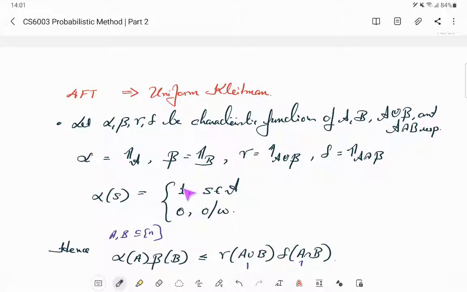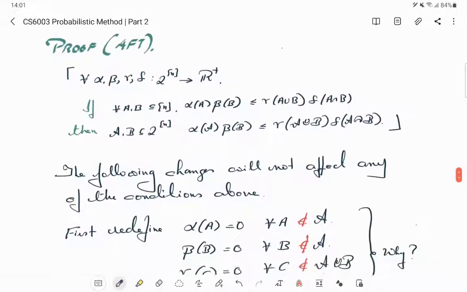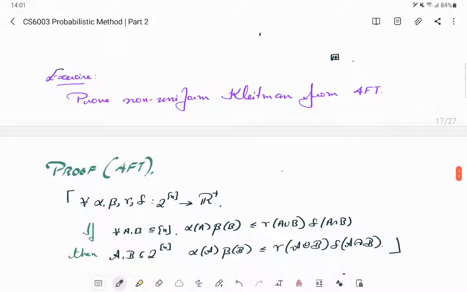That would be the probability that a subset of n chosen uniformly at random is equal to this set S. Then you proceed with the computation, and you will see that the same thing will hold. And now if you replace that 1 by 2 power n with the probability of actually picking S in a non-uniform setting, you will be able to prove the non-uniform Kleitman. But I leave it as an exercise. I'll put it in the tutorial also.